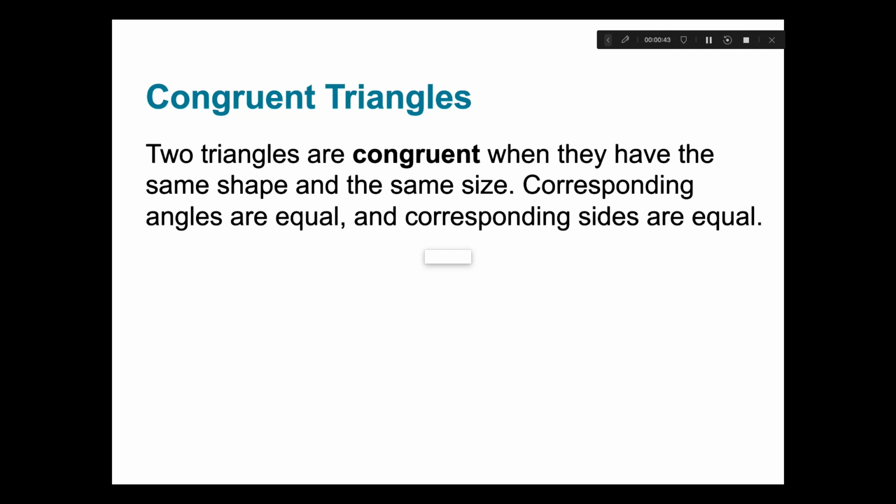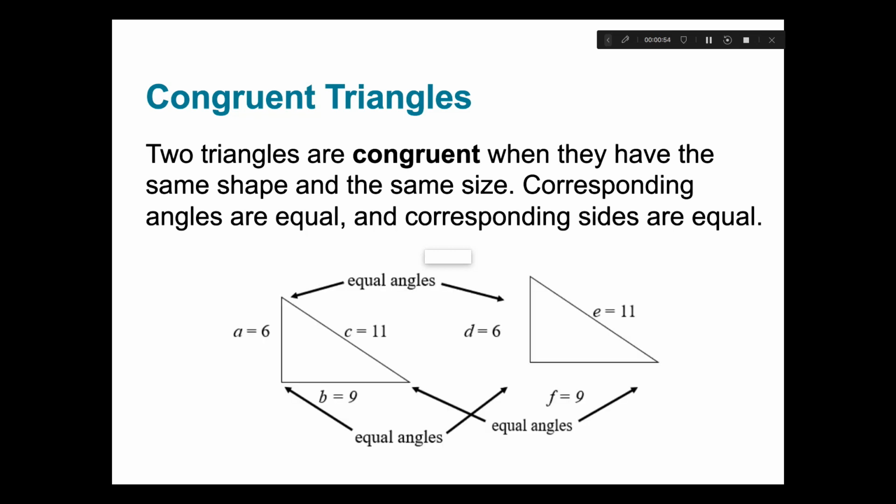Meaning that the sides are equal and the angles are equal when we talk about triangles. So these two triangles are congruent.